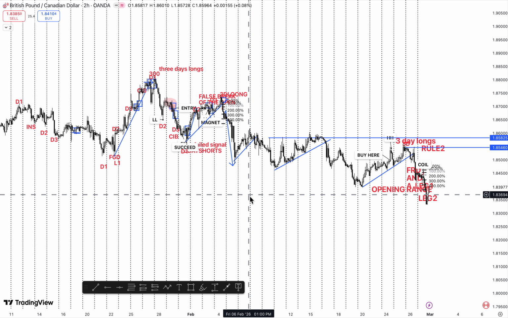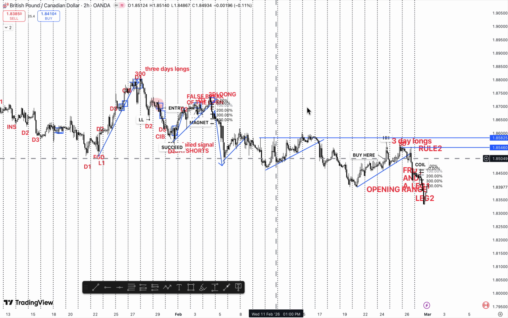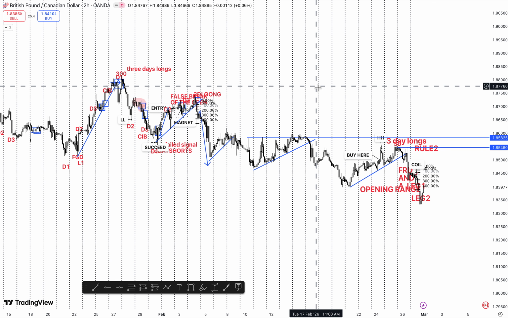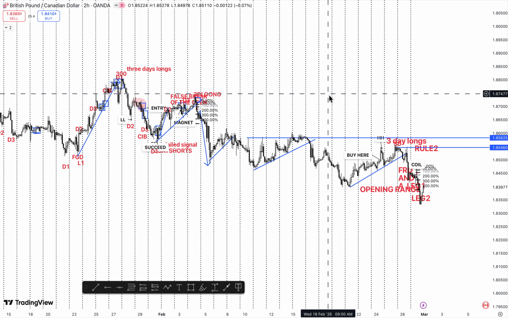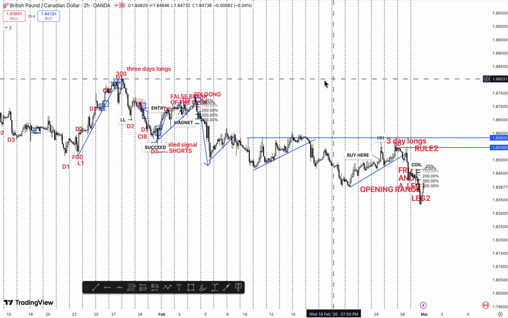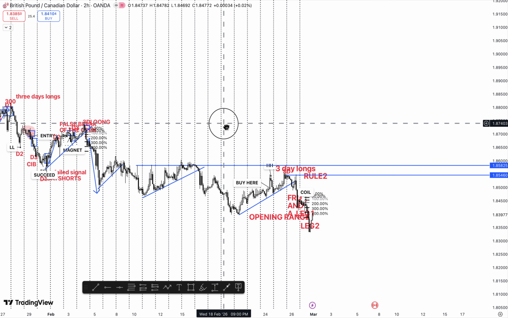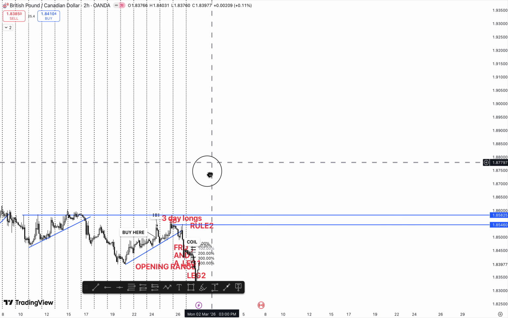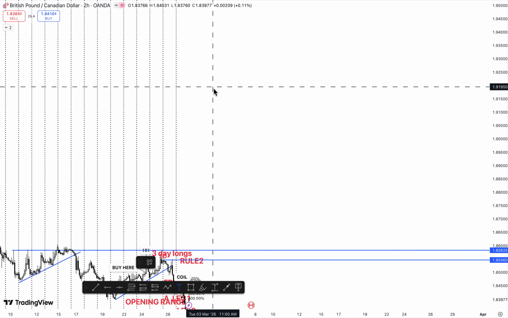Now, there are 5 important things I want traders to always look at when looking to trade a financial market, whichever market you trade: futures, indexes, gold, oil, whichever one you trade. First of all, we start from a higher time frame point of view.